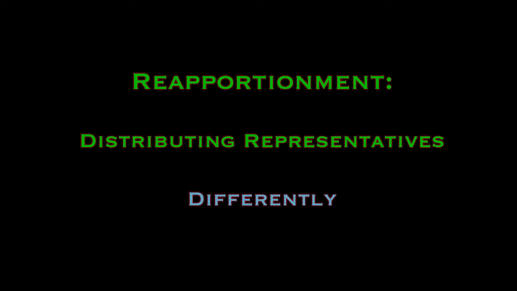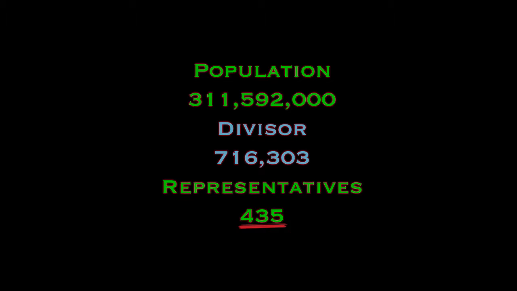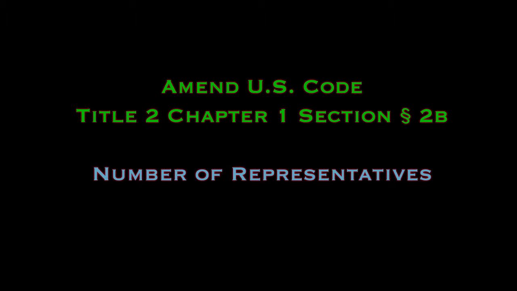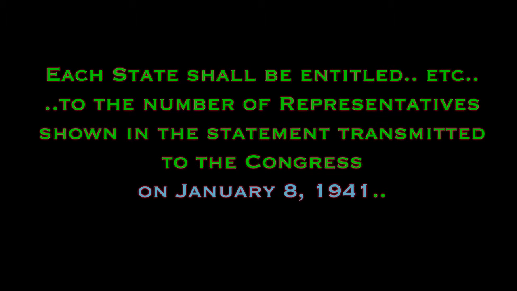The current law is based on 435 representatives, which sets the divisor around 700,000 and growing. To change this, we would need to amend U.S. Code Title II, Chapter 1, Section 2B, where it states, "Each state shall be entitled, etc., to the number of representatives shown in the statement transmitted to the Congress on January 8, 1941."